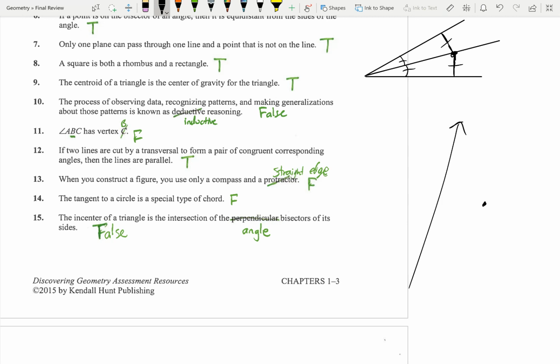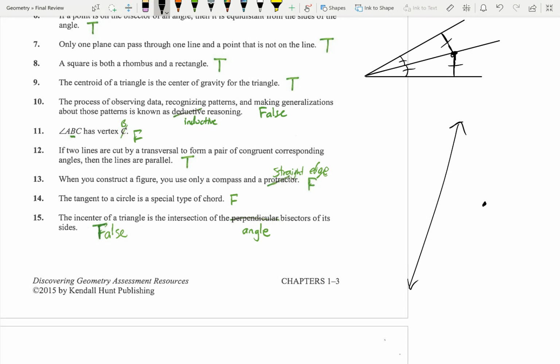And again, a line goes infinitely in all directions, and imagine the plane's a piece of paper. It has to completely cover the entire line. And so you can imagine that you can kind of turn the plane so that it covers the entire line, but it also has to go through that point. So the answer to that would be true. There's only one plane. We can't change the plane and it still go through the entire line at that point.